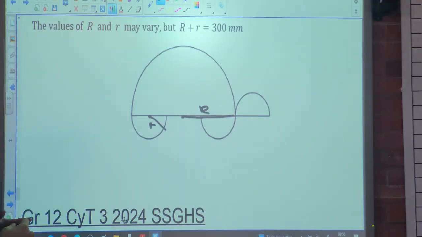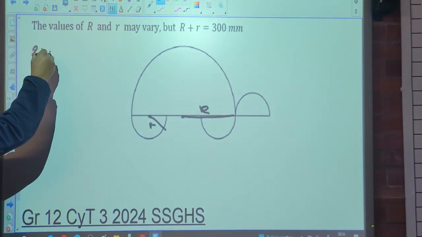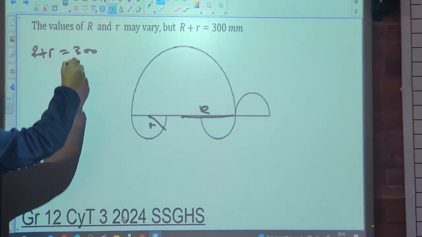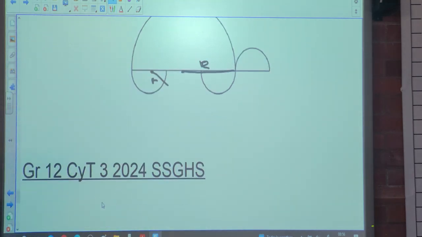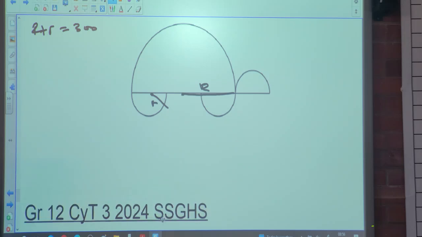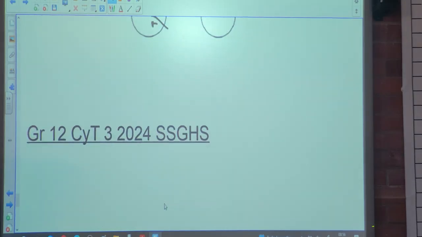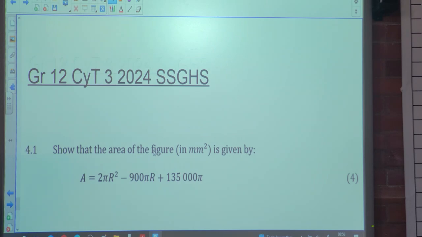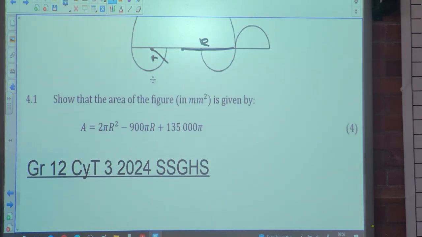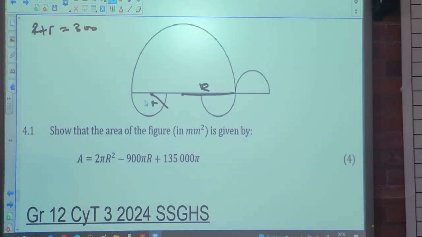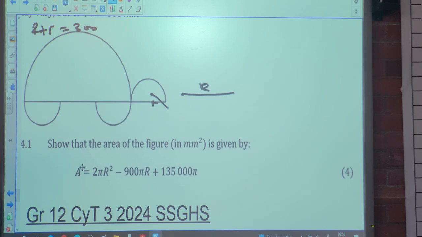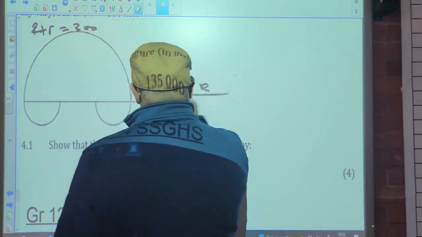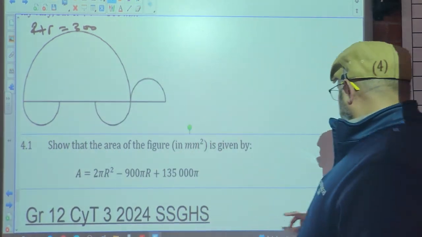Then we are told that R plus r is equal to 300. Okay. Let's look at the first question. So they show that the area can be written as that.